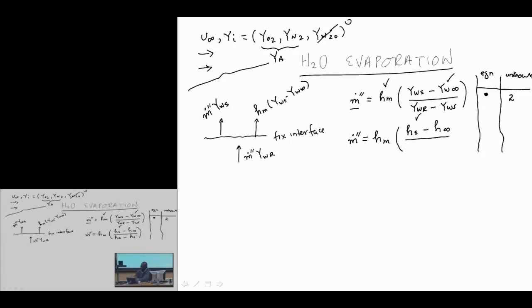Again, we know H infinity, we know HR, we don't know HS. So here HM is the same. What we've done is introduce another unknown, HS, even though we've added another equation. So another equation, but we've added an unknown.